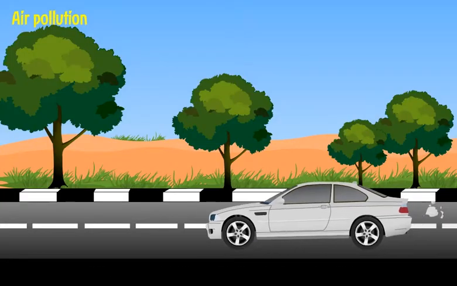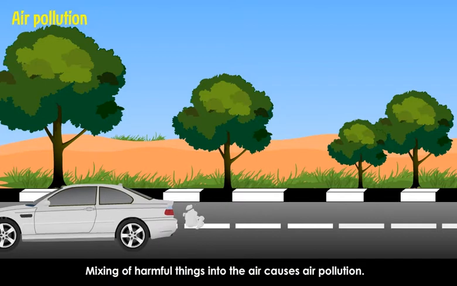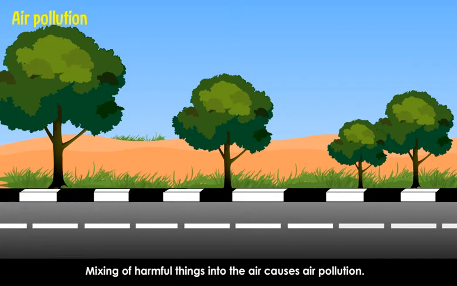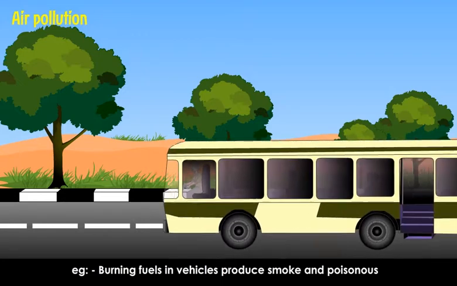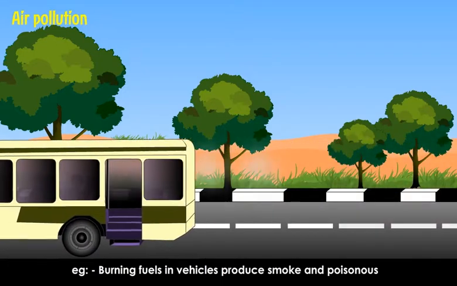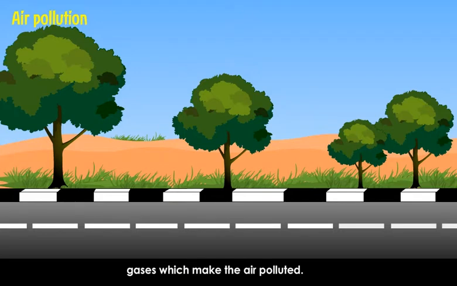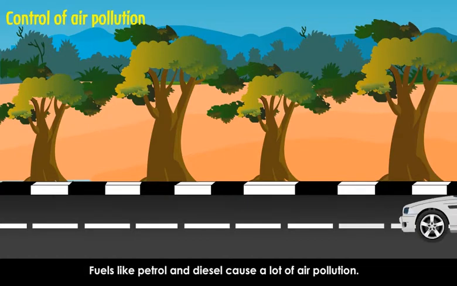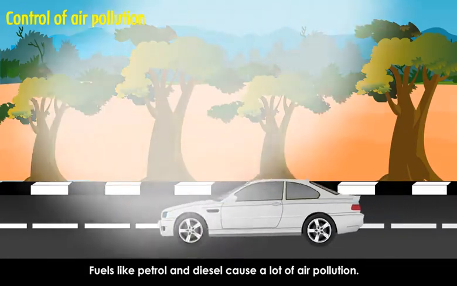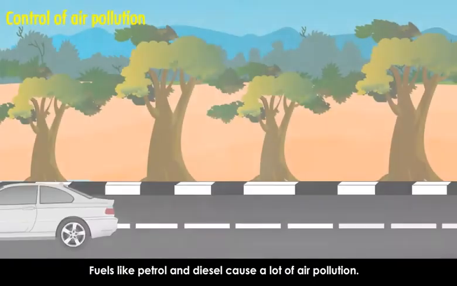Air pollution. Mixing of harmful things into the air causes air pollution. For example, burning fuels in vehicles produce smoke and poisonous gases which make the air polluted. Control of air pollution. Fuels like petrol and diesel cause a lot of air pollution.